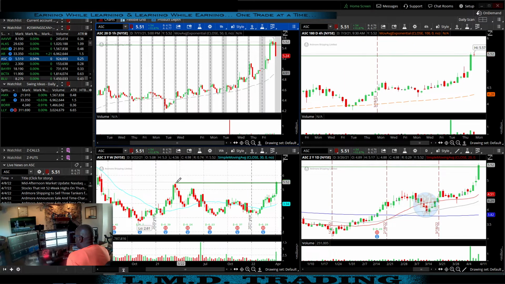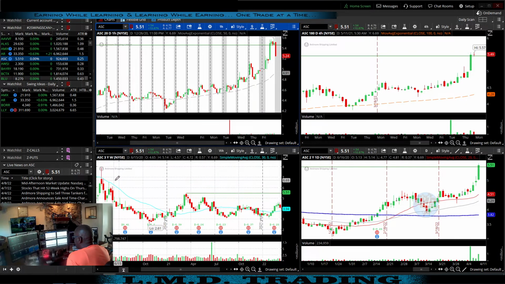Breaking out over this prior pivot right here. So if it can hold, this has room back up to this high right here. So another one that I'll add to my swing ideas, and just kind of keep an eye on it.